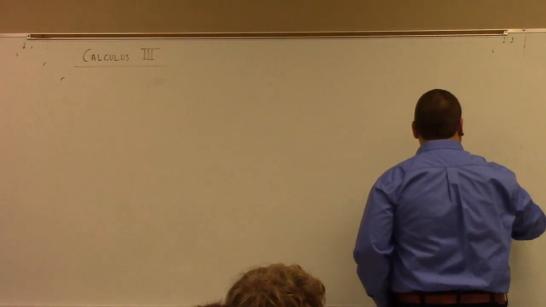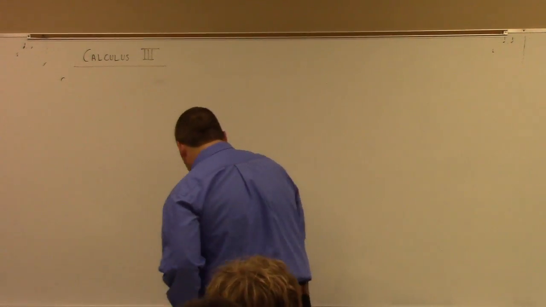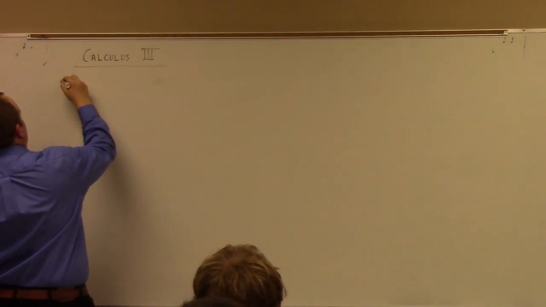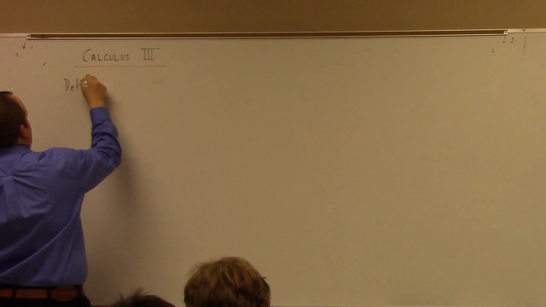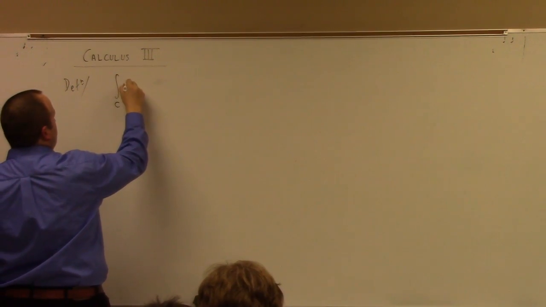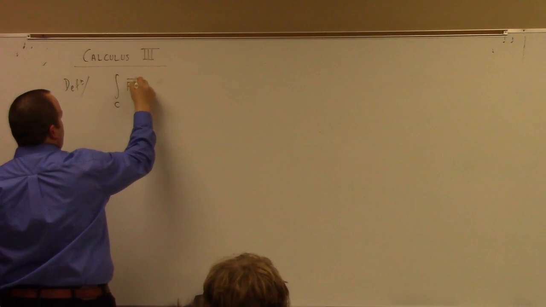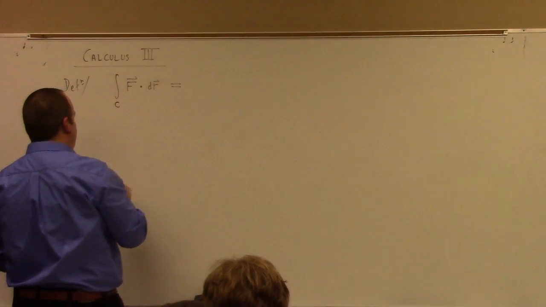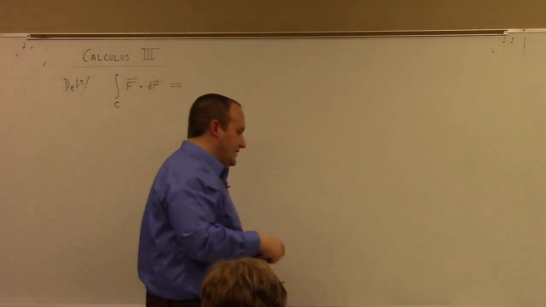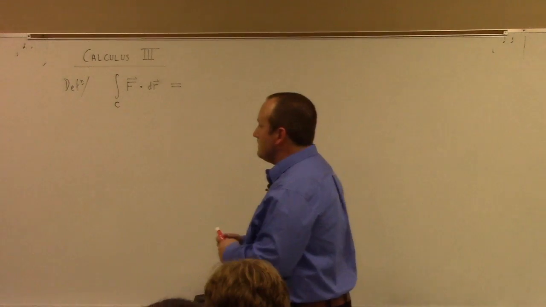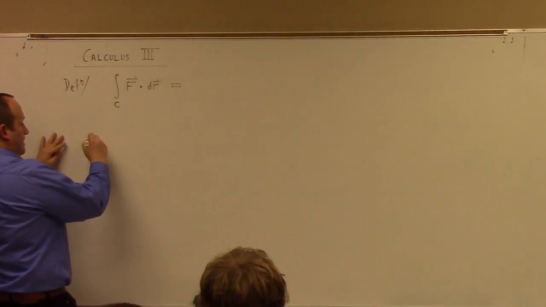For integral calculus, I basically just need to tell you one new thing, which is the definition of the integral along a curve of a vector field. So the integral of f dot dr. I'm defining this notation for you, and I'm going to explain its physical significance as we go. So here we have a curve.